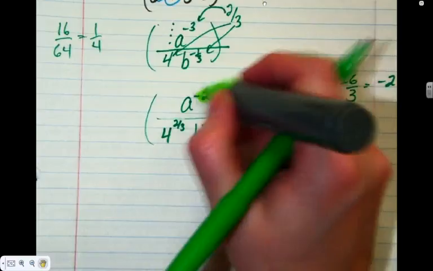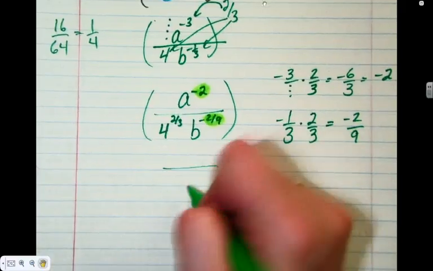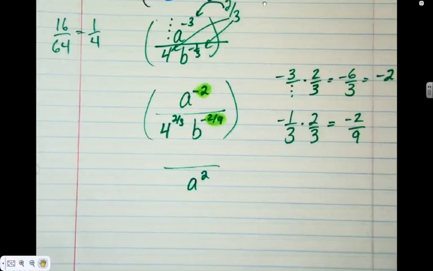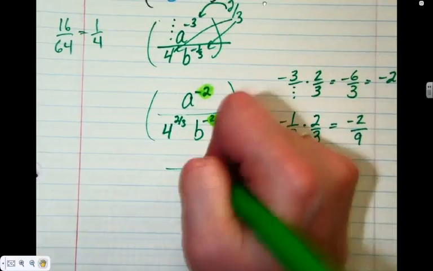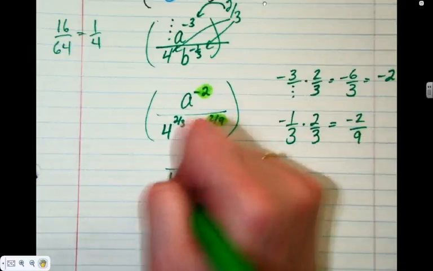Last step, negative, negative, don't like it. Where's the A going to go? To the bottom. Where's the B going to go? It's already on the bottom. But if we want to turn it positive, it's going to go to the top. What about the 4? Stay where it was.